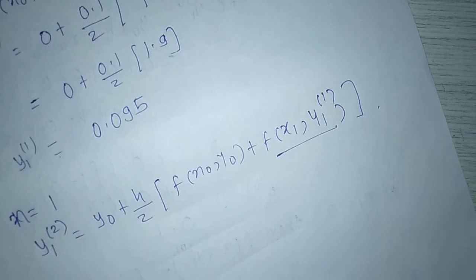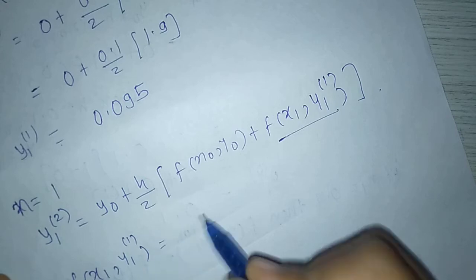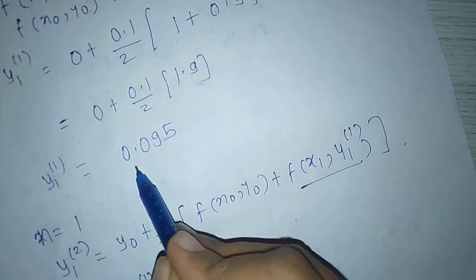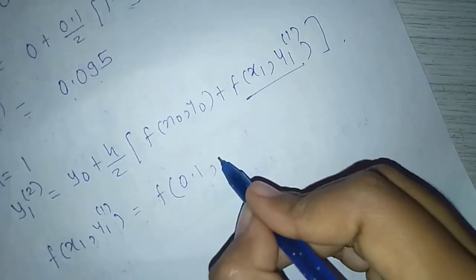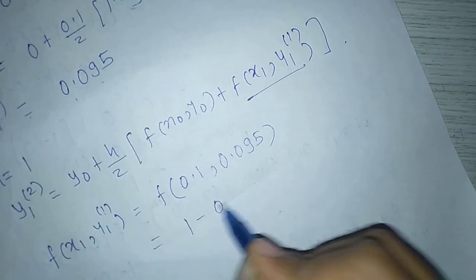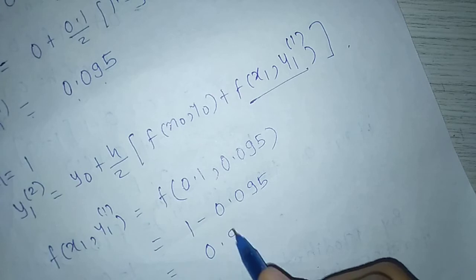To find f of x1 y1 raised to 1, that equals f of 0.1, 0.095, which is 1 minus 0.095 equal to 0.905.